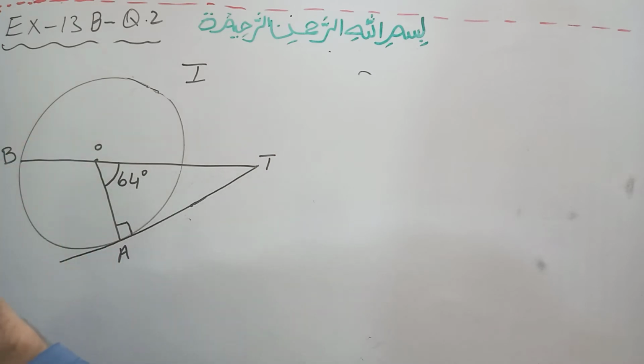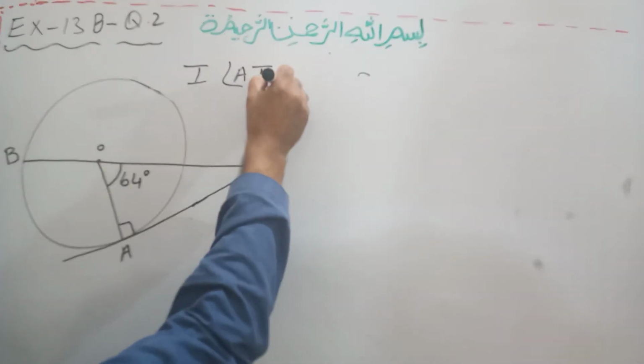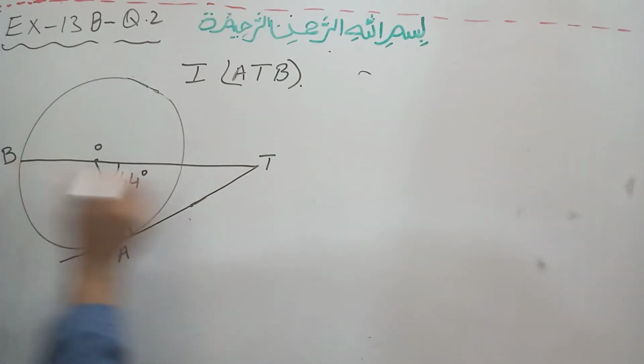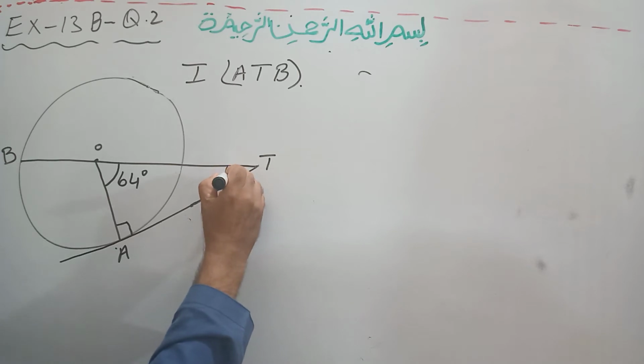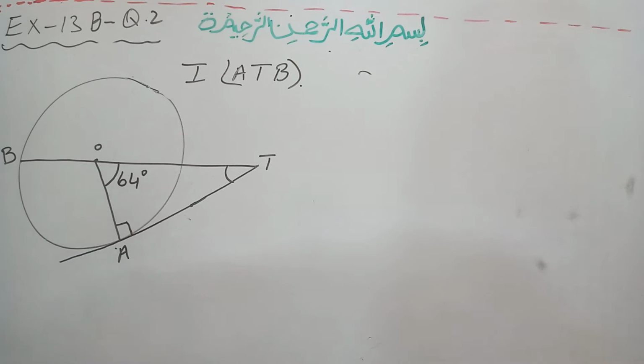Find angle ATB. Angle ATB is required. In triangle AOT, we need the angle T, and here you will use the property that the sum of the angles in a triangle is 180 degrees.